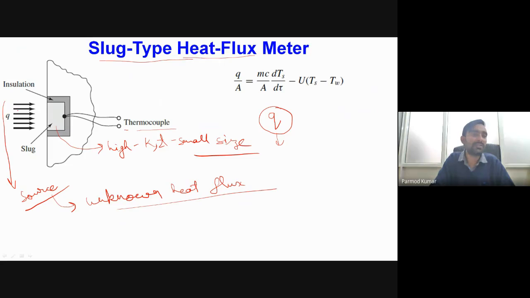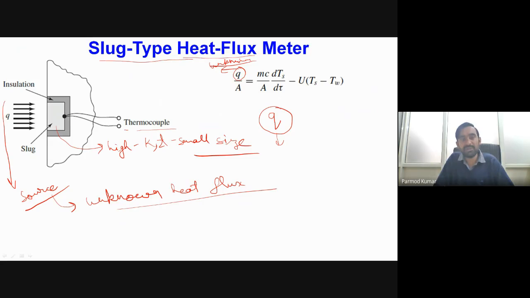Now if we subject this slug to an unknown heating source, we will get some heat from this source, and obviously the temperature of the slug will change with time. We consider that Q is an unknown heat flux, or unknown heat transfer rate.